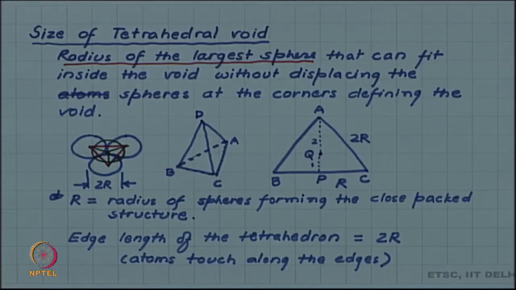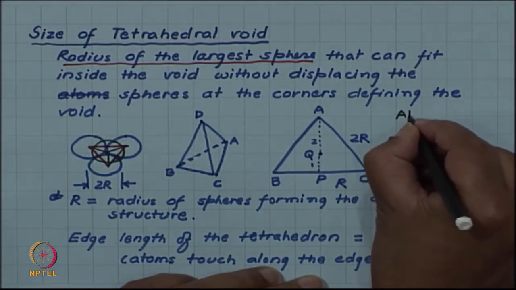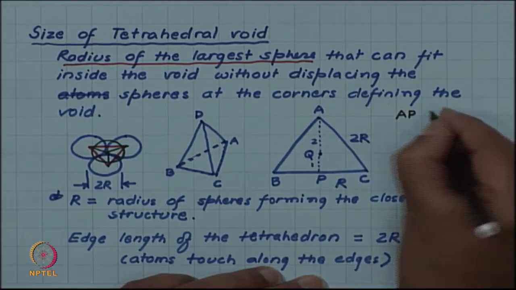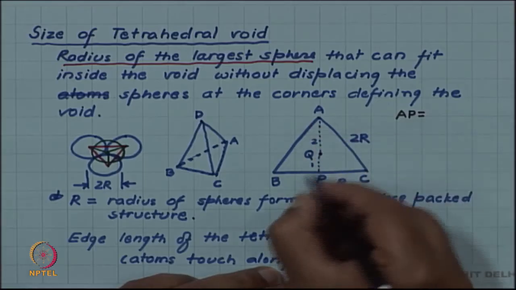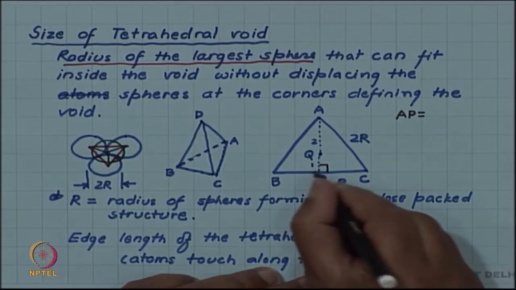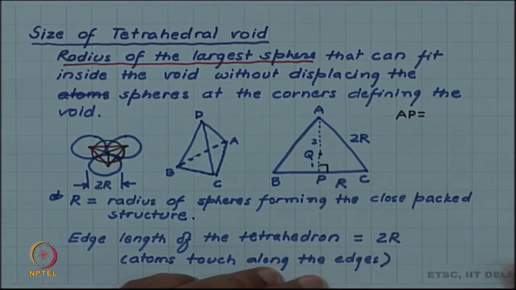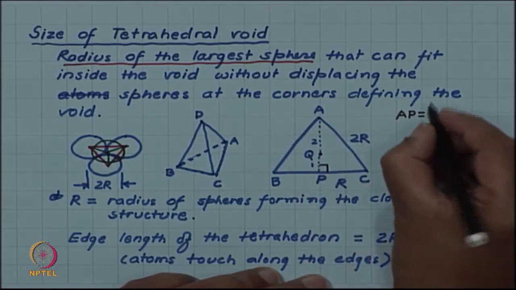So, this quickly gives us the height AP of the triangle. This is just the geometry of an equilateral triangle. In the triangle APC we have angle APC as 90 degrees, that is the right angle. So, AC is the hypotenuse.